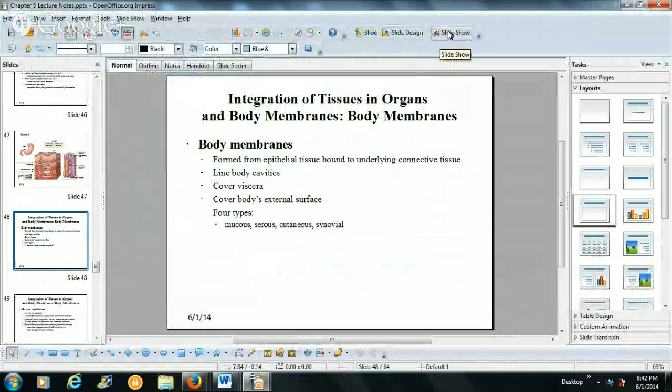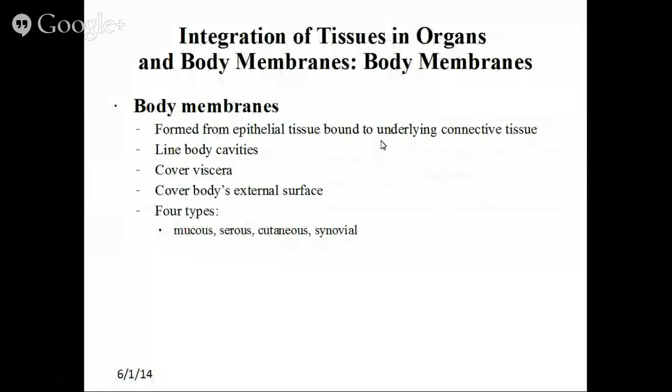On the tissues on slide 48, it starts telling you a whole bunch about body membranes. It talks about the fact that basically you form a body membrane by combining two different tissues. You combine epithelial tissue and connective tissue. Now stop for a minute.